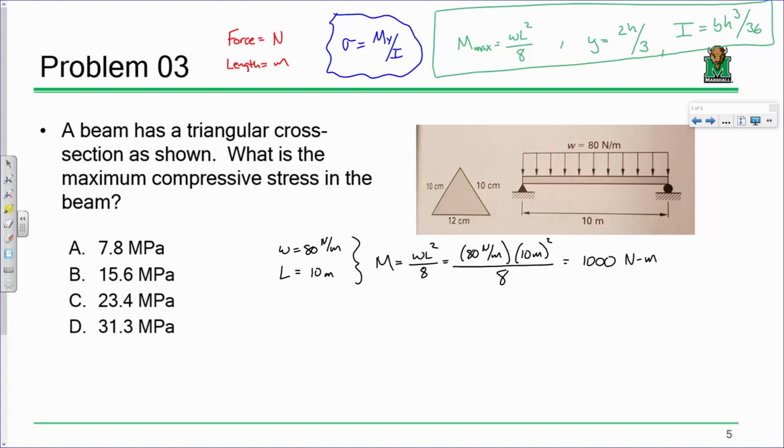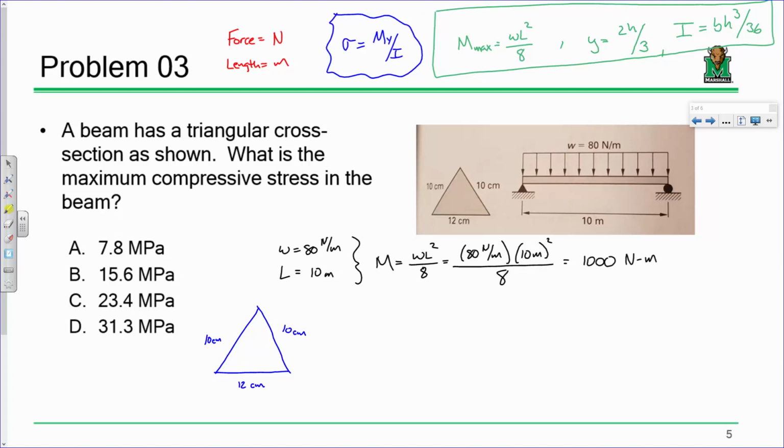So sigma equals My/I, check on the M. What about the y and the I? Well, here's the thing. One of the things that we were not given about this triangle is its height. Okay? Here's the triangle. We know that this is 12 centimeters, and we know that this is 10 centimeters, and this is 10 centimeters.